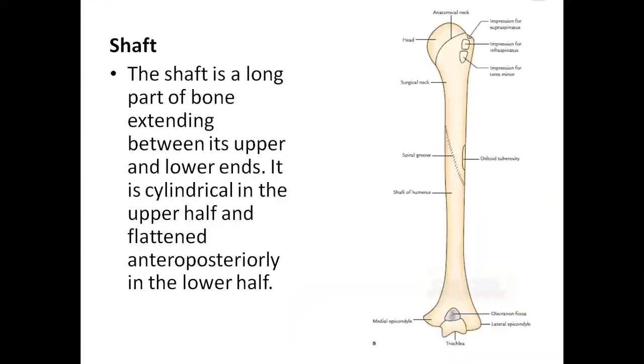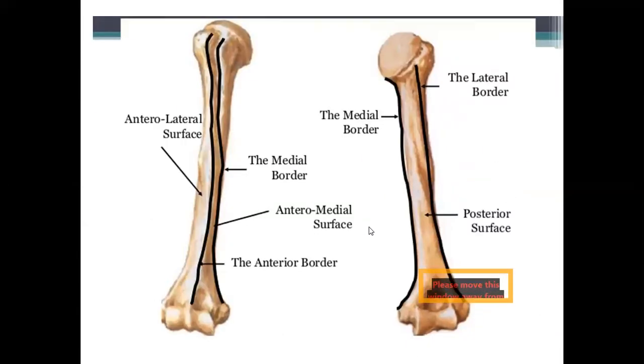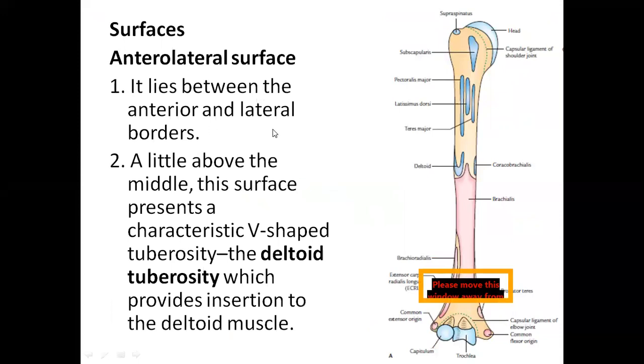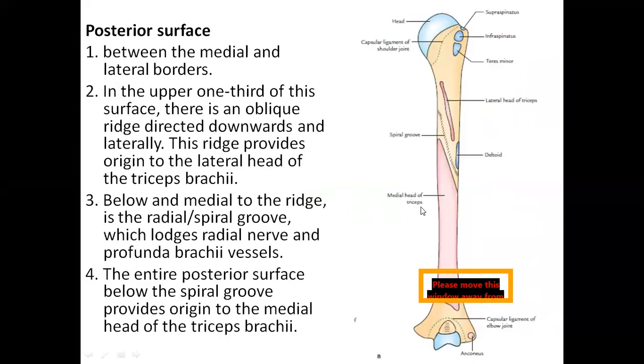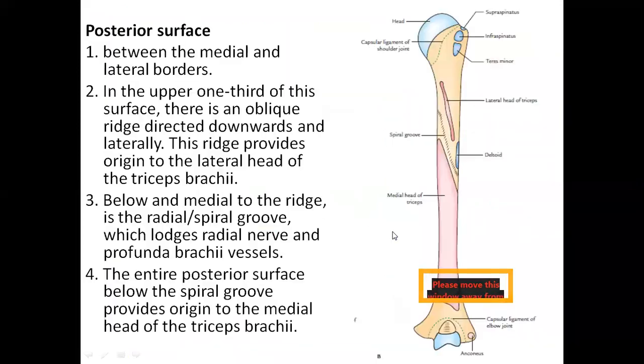I will take you to the same picture where we were. See here, you don't need to get confused. First we will see the anterior aspect, then we will go to the posterior aspect.